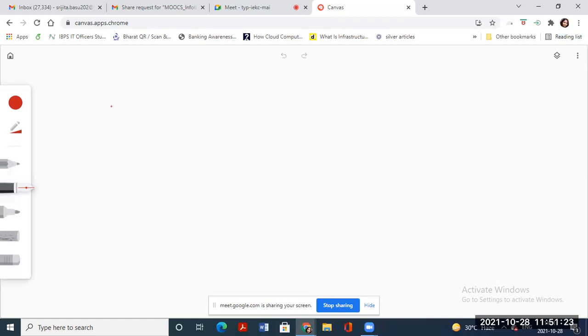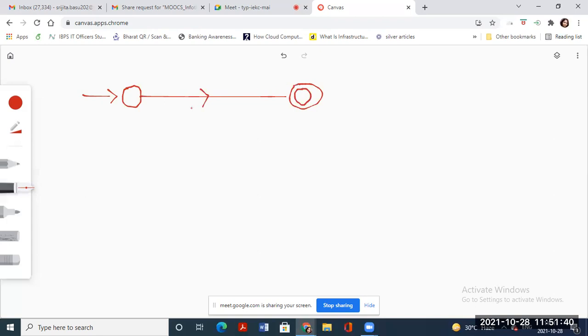So here, the question goes like this. I'll just write the first step. As you know, the first step is just the initial state and the final state, and the label will be the regular expression.